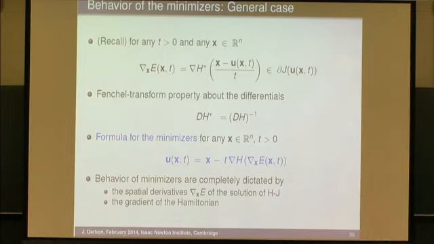If you didn't have that, we couldn't do much. So then you get that formula for the minimizer. It's explicit. So u, the minimizer, is given by x minus t times this quantity, which involves the gradient of E and the gradient of H. So it's an explicit formula.